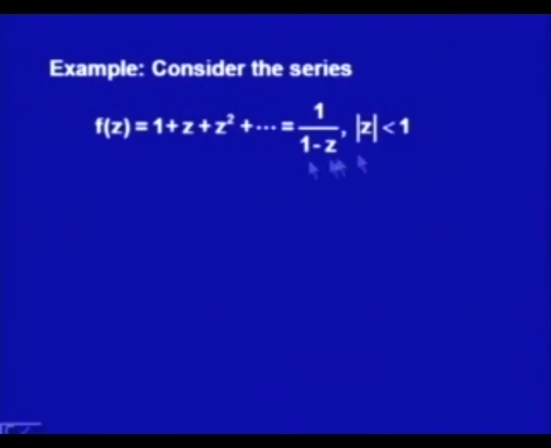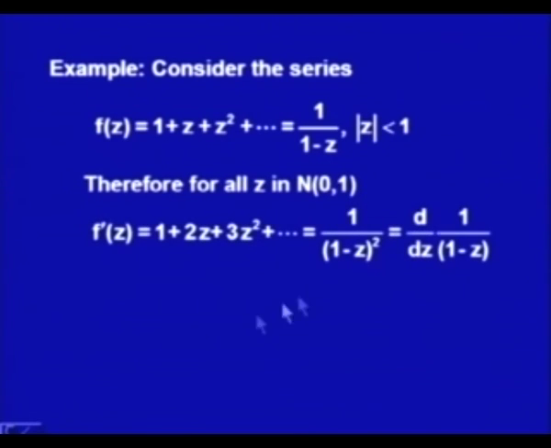So, let us apply this to the geometric series f(z) equals 1 plus z plus z square and so on, and we know that this is 1 upon 1 minus z when modulus z is less than 1. Therefore, for all z in the neighborhood centered at z equals 0 and radius 1, we can find f dash z equals 1 plus 2z plus 3z square and so on.